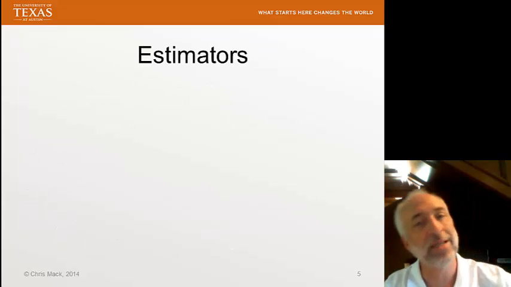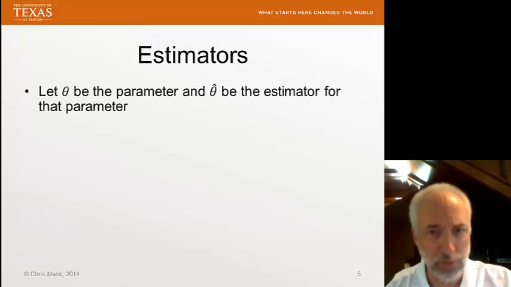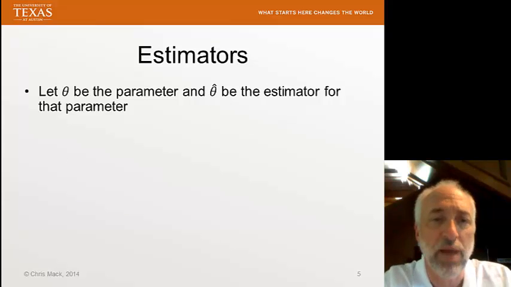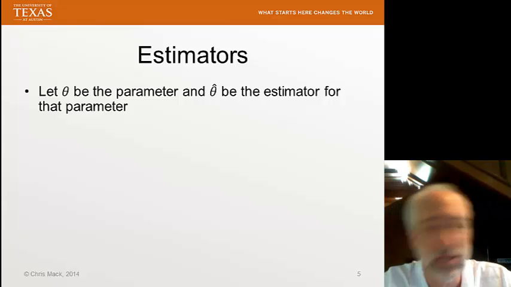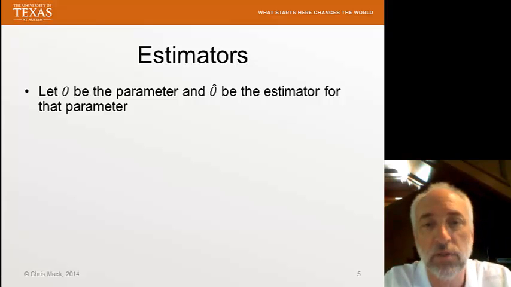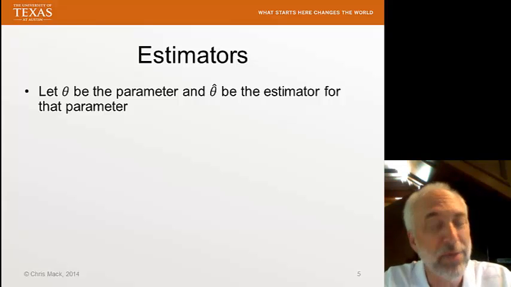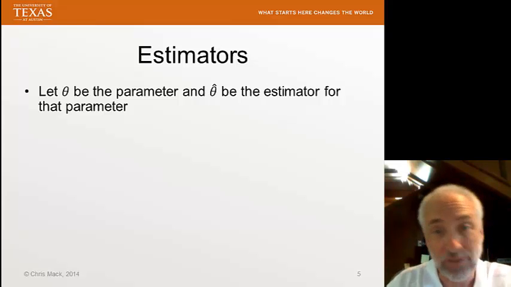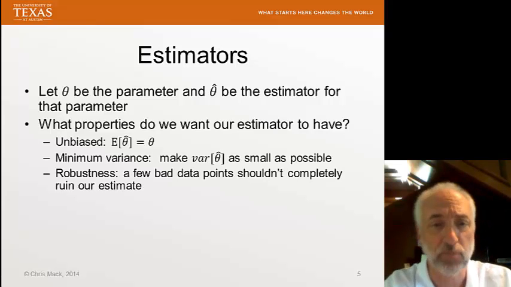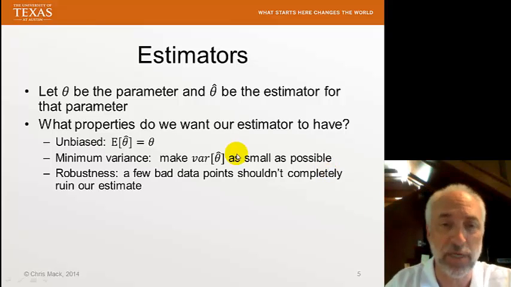Well, we've talked about this a little bit already, so let's review that. If I have some parameter theta, maybe it's the mean, maybe it's the variance, maybe it's the covariance, it could be any parameter that we might want to think about. Then we have some estimator, theta hat, for that parameter. Our goal in having a good estimator is that we want this estimator to be unbiased.